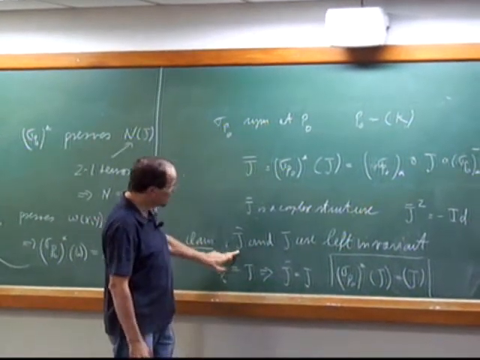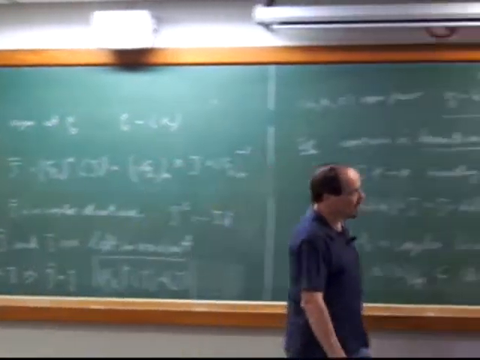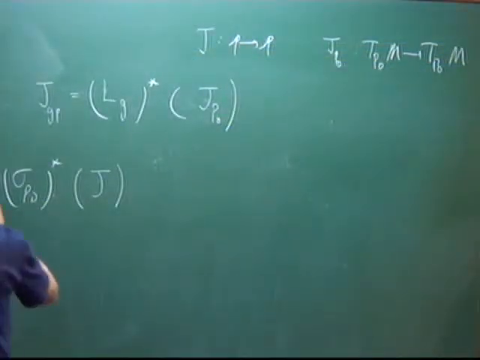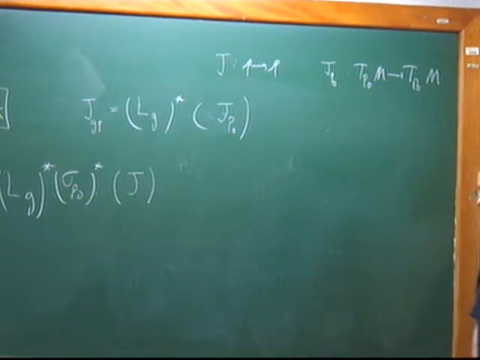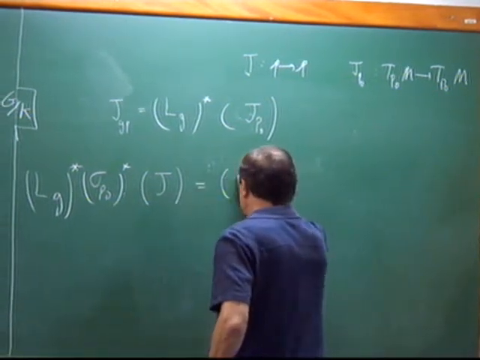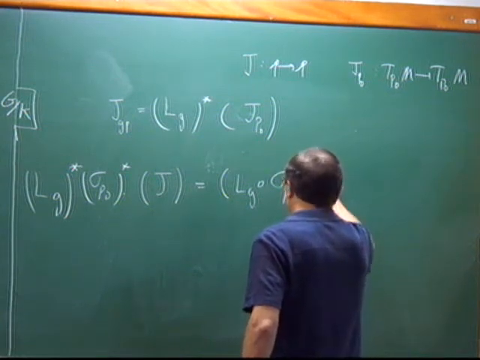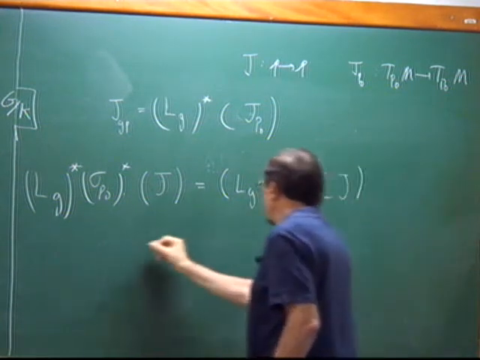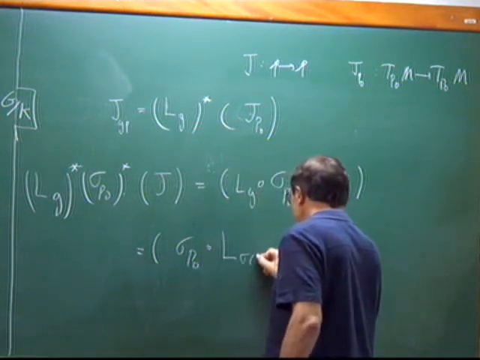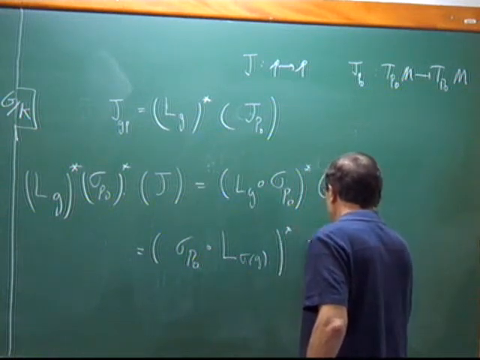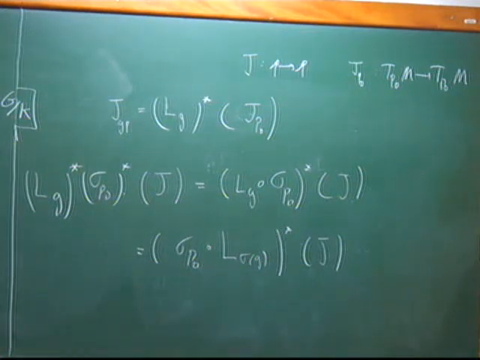So I have to prove this one's left invariant, and J bar was just the pullback of J under my symmetry. So apply L G to it. Pull back with L G. I want to show it's equal to J bar to say it's left invariant. Well, this is L G star composed with the symmetry at P naught star J. And I claim this is the same thing as the symmetry at P naught composed with L sigma of G star J, where sigma was my automorphism, which is always there for my symmetric pair.